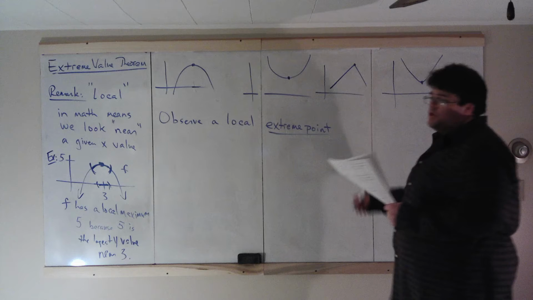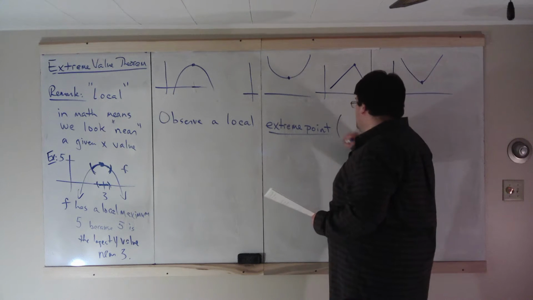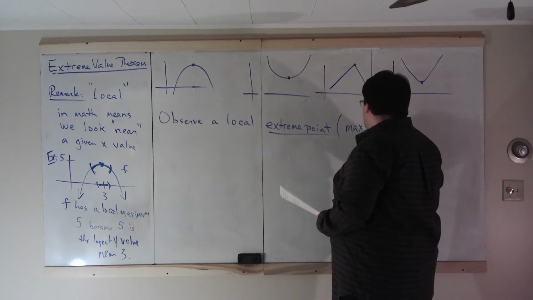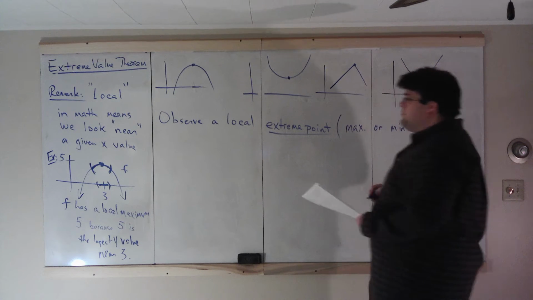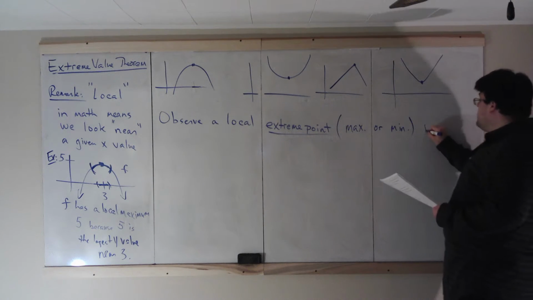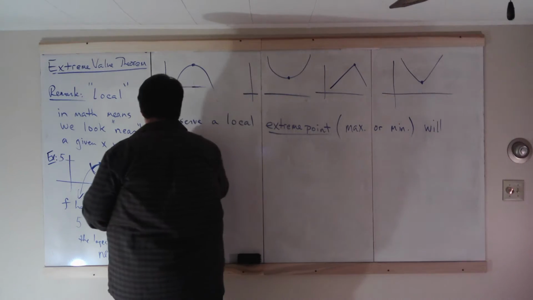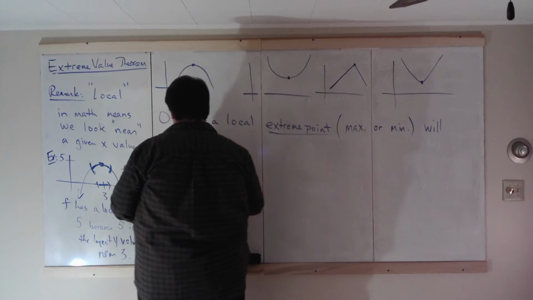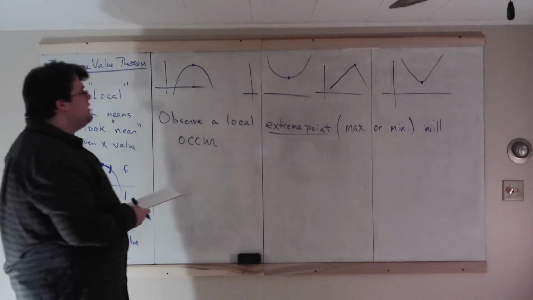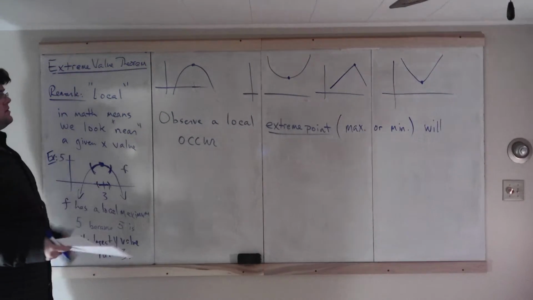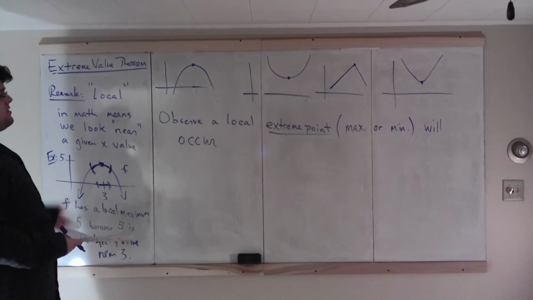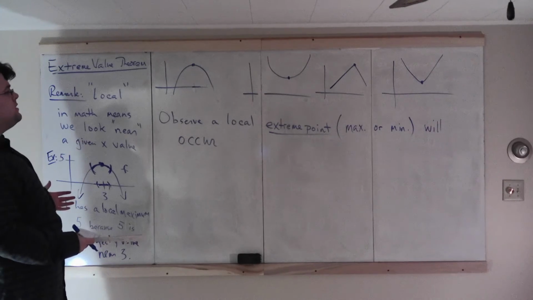A local extreme point. Maybe I'll just define it since we didn't define it. Max or min. Maximum or minimum point will occur where? Well, we have these 4 graphs. We're in a calculus class. Can we describe what happens here using calculus?